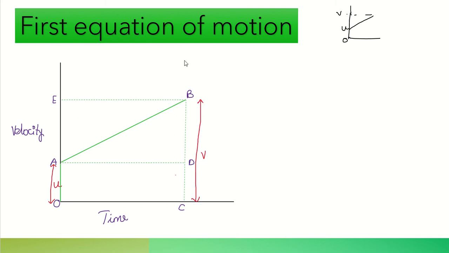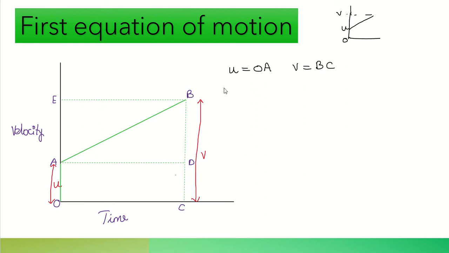Now from the graph we can write initial velocity u is equal to OA and final velocity v is equal to BC. Now we are just going to apply some geometrical idea. BC is our final velocity.